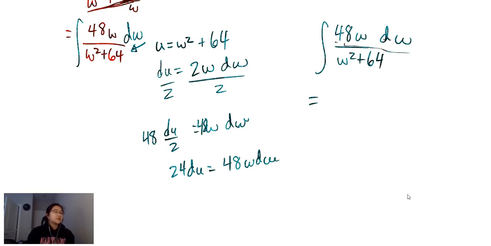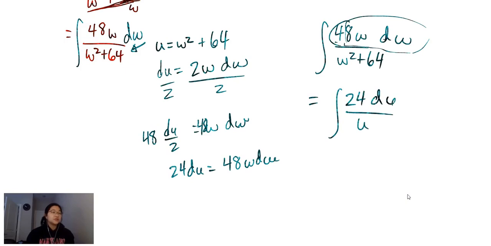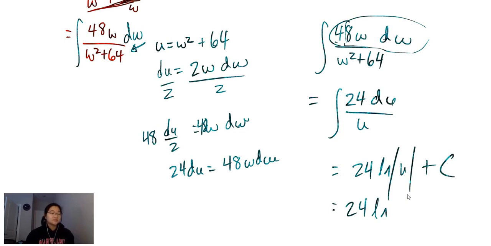And that's what we have here, is we have 24 du over u, and that's going to be 24 times the natural log absolute value of u, so 24 times the natural log absolute value of w squared plus 64, plus c.